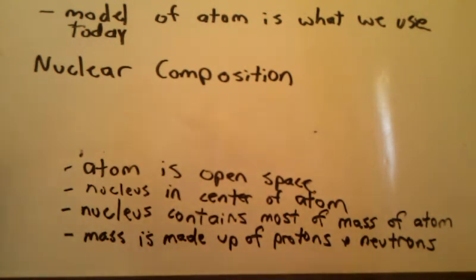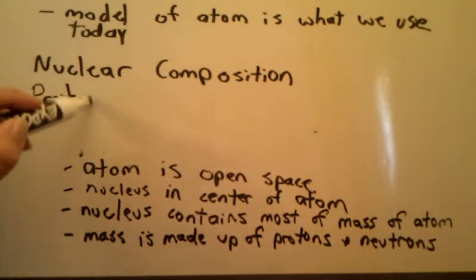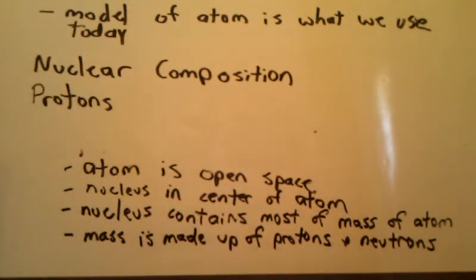So we're going to start with protons, because we know that there are protons in the nucleus. Protons are positively charged particles and are given the mass number of 1.007582.